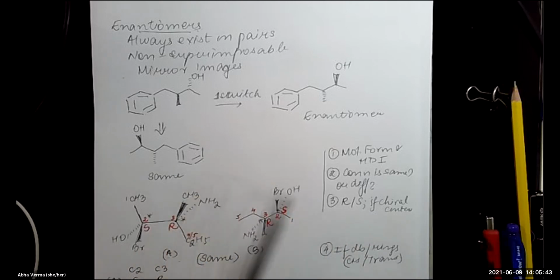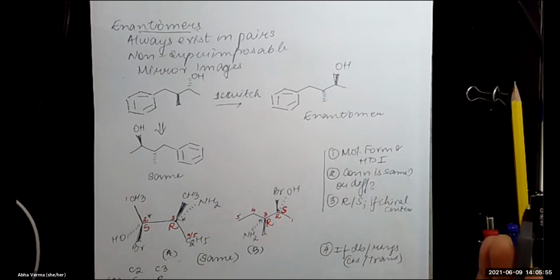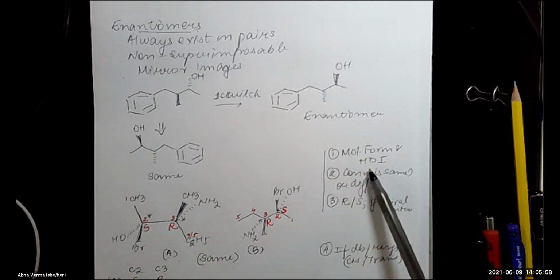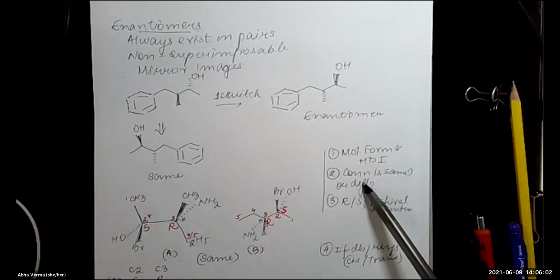But when you have these 2 structures or any 2 structures, first of all, compare their molecular formula and their HDI. If their molecular formula and HDI are different, you know that they are unrelated. If their molecular formula and HDI are the same, then you will go ahead and look at the connectivity. If there is a difference in connectivity, you can directly say they are constitutional isomers.